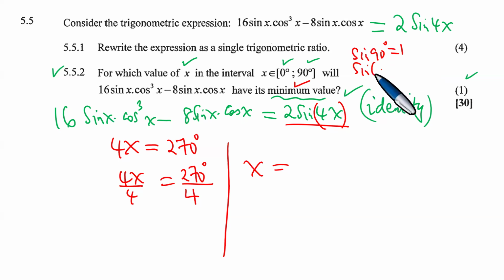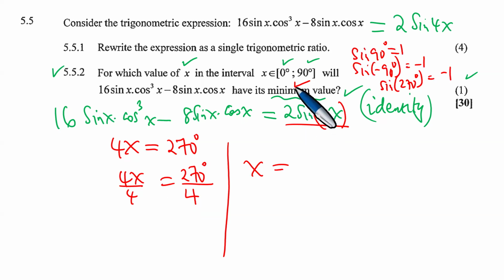And you mentioned minus 90, and minus 90 makes sense because it is minus 1. But we also know that the sine of 270 degrees is minus 1. So the sine has its minimum at 270, because the sine of 270 is minus 1.